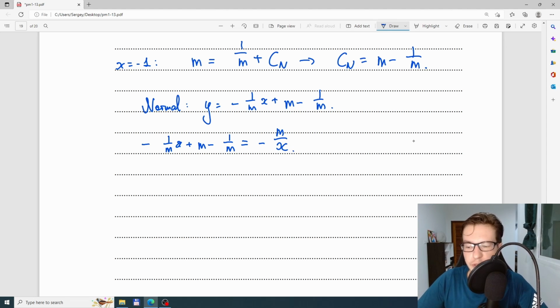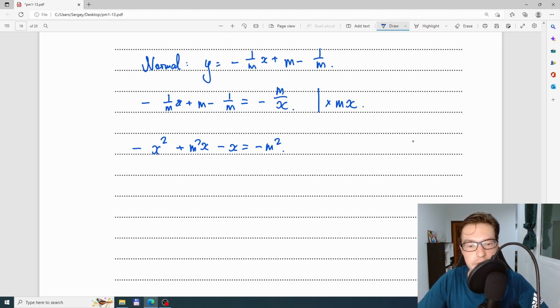And from this equation we can find the x-coordinate of the intersection. First of all, I'm going to get rid of the fractions. I will multiply both sides by the common denominator of the two fractions, which is mx, and I will get minus x squared plus m squared x minus x equals minus m squared.